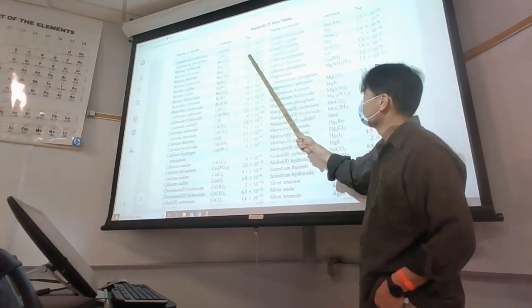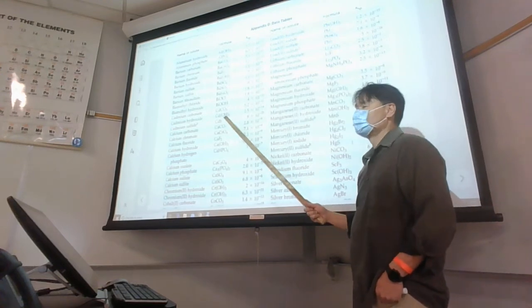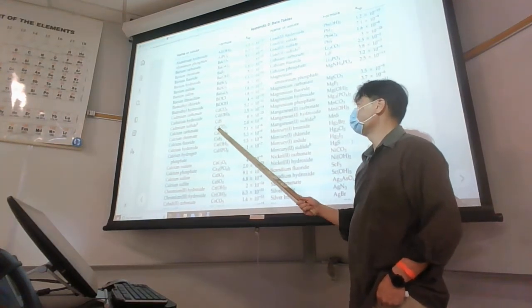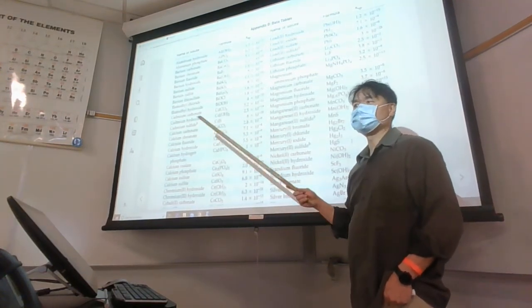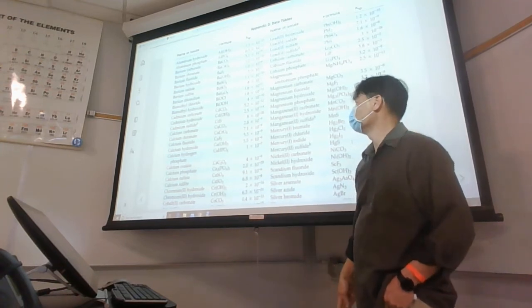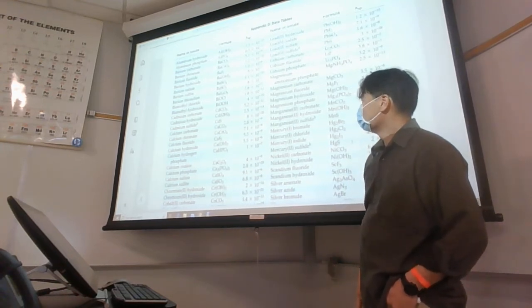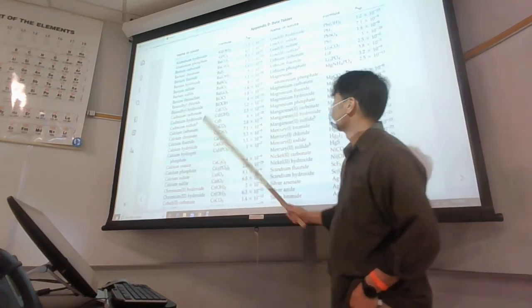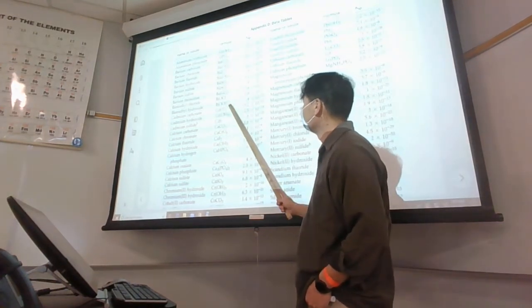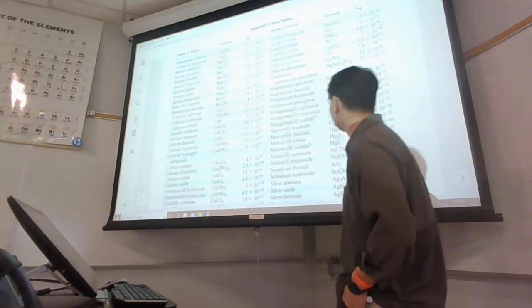The solubilities are very similar, so it would be very difficult to separate barium from calcium because they both would precipitate out.